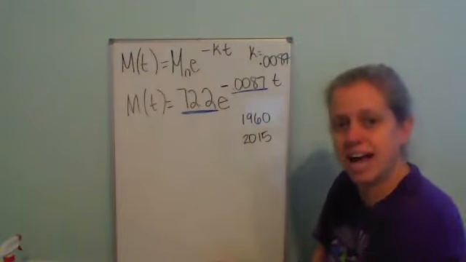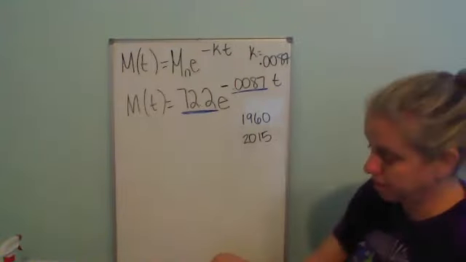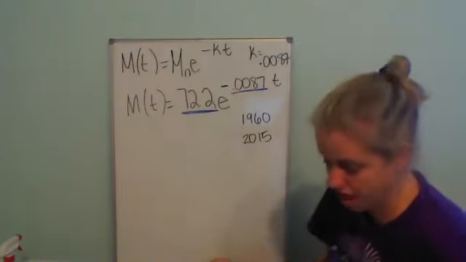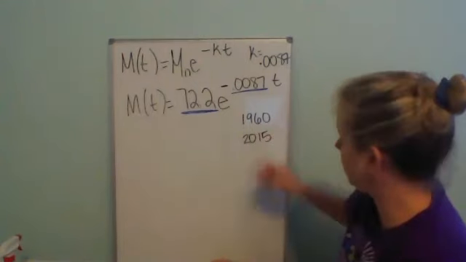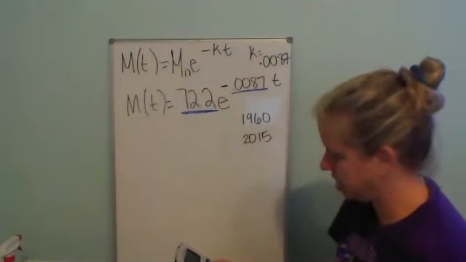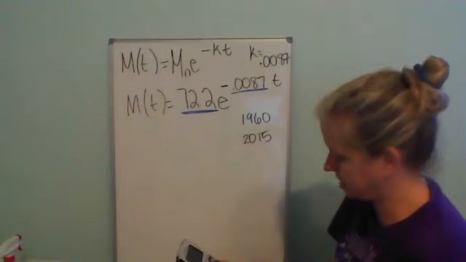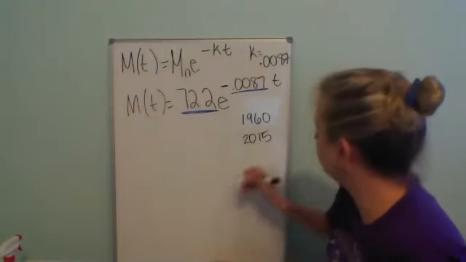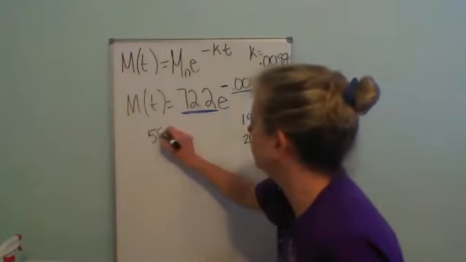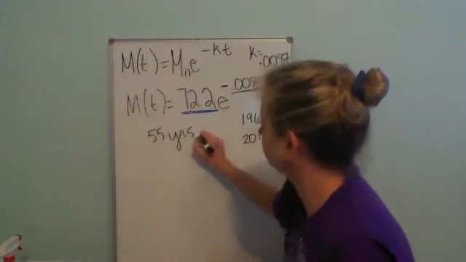However many years that is goes in place of your T. 2015 minus 1960 gives me 55 years.